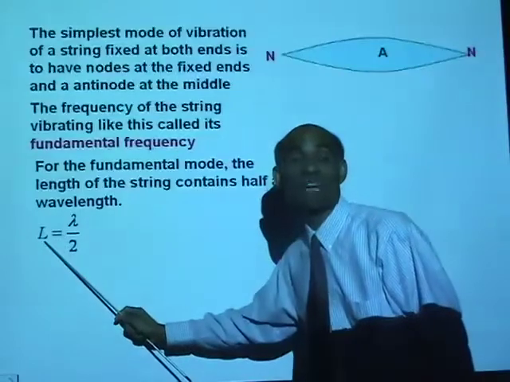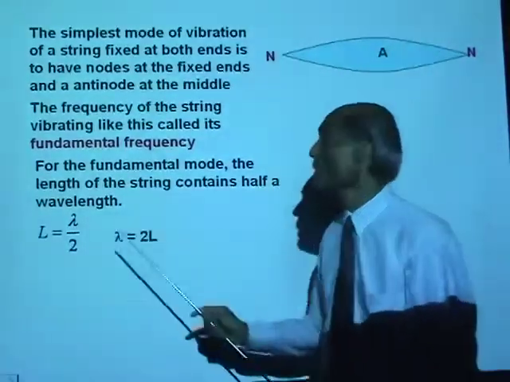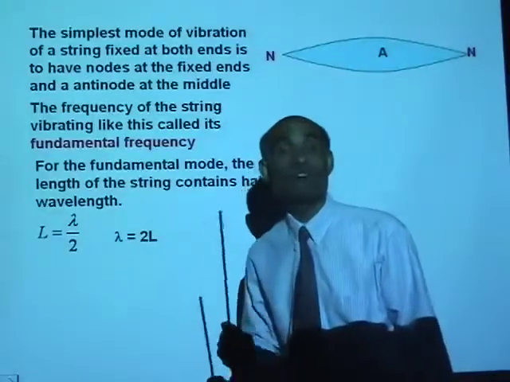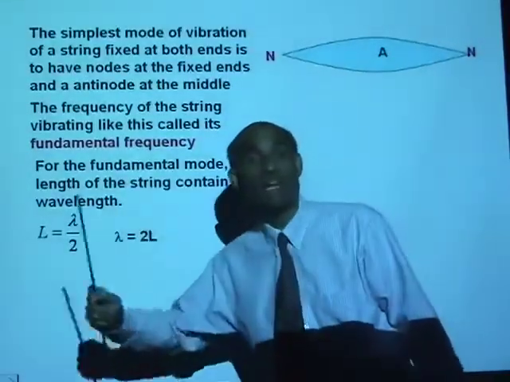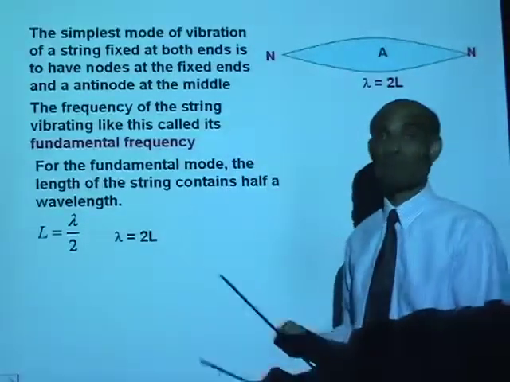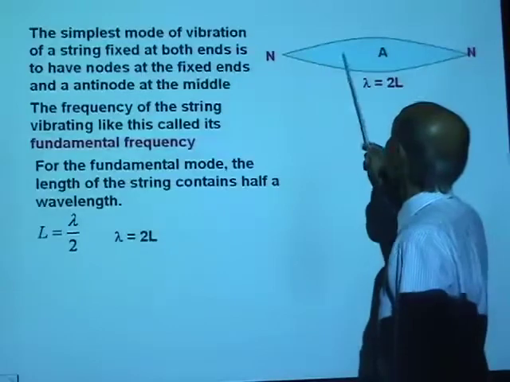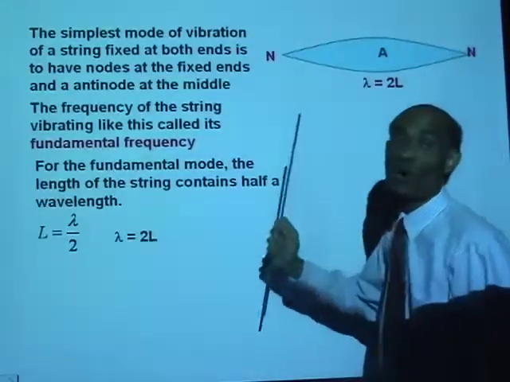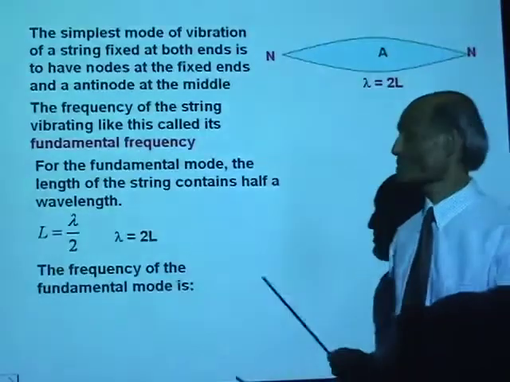We will say the length L of the string equals lambda by 2, or the wavelength of that stationary wave will be 2 times the length of the string. So the length of the string now contains half a wavelength, or the wavelength will be 2 times the length of the string.